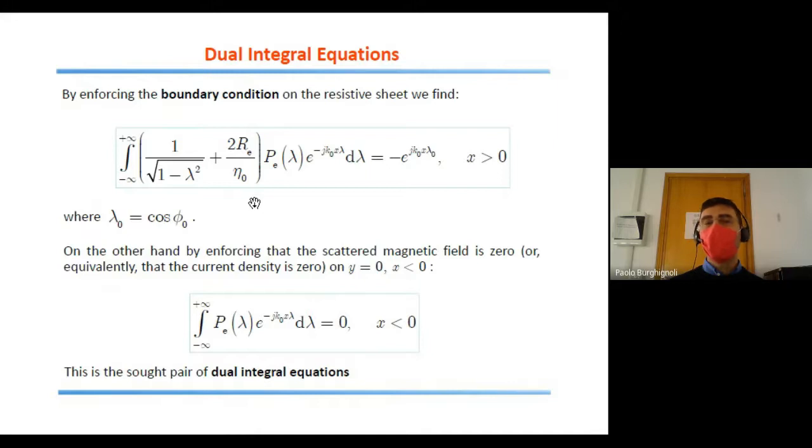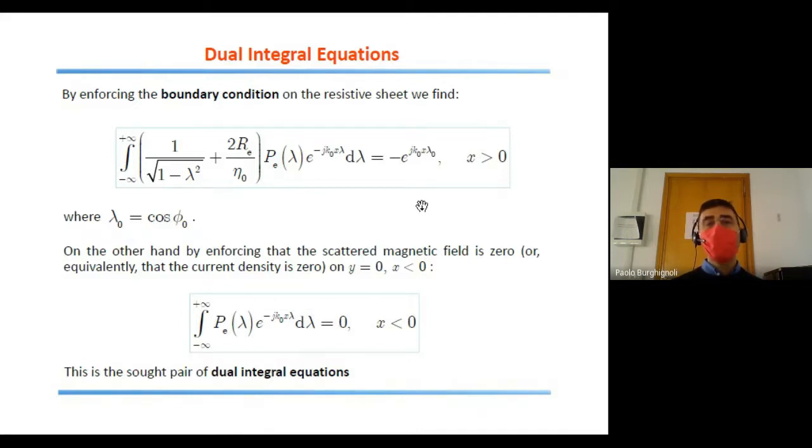However, now we have an additional term inside these brackets, which is a constant: the ratio between 2 times RE divided by the characteristic impedance of free space. Our unknown is the spectrum, and on the right-hand side there is the incident field.